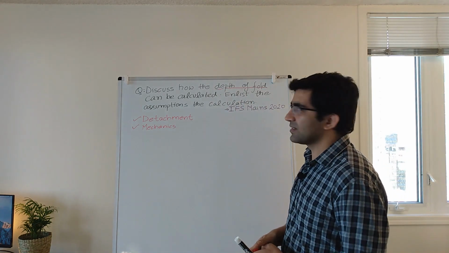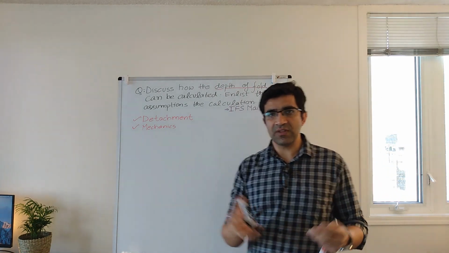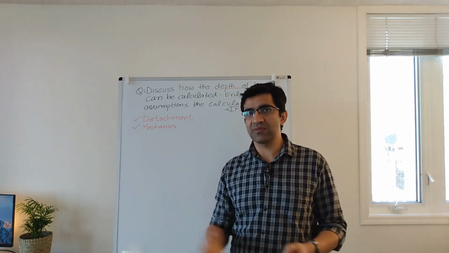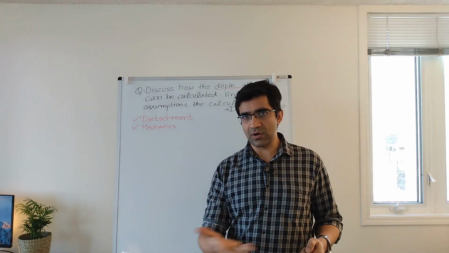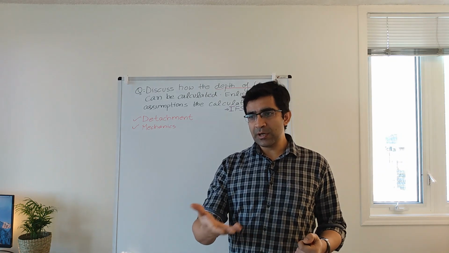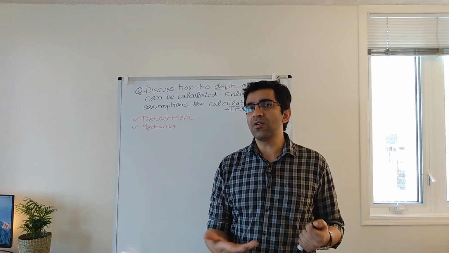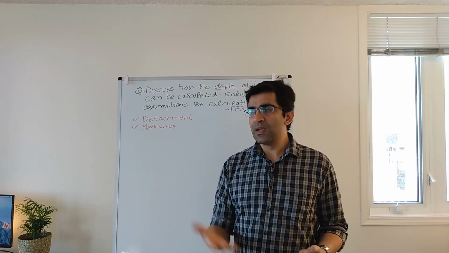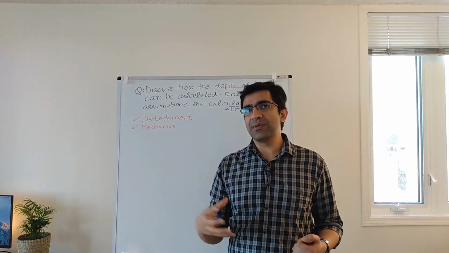So what exactly is a detachment? You can think of it just as the name suggests. It's a fault or a plane at the base of a folded sequence. Below that detachment, the layers are not folded, they are not deformed, whereas above the detachment, the layers will be deformed.